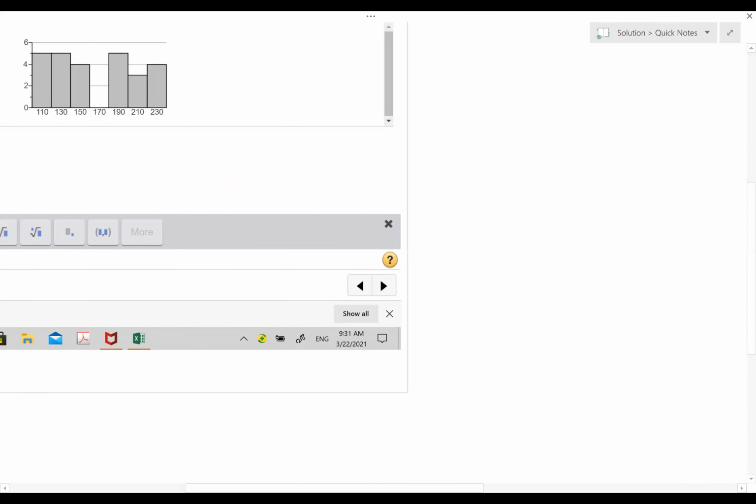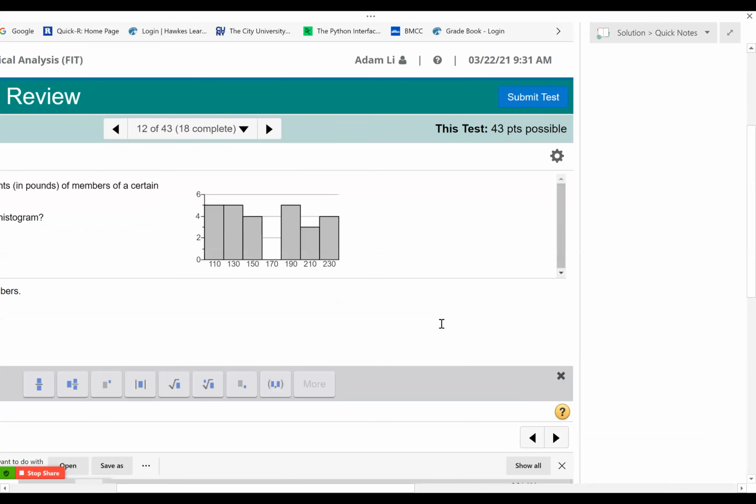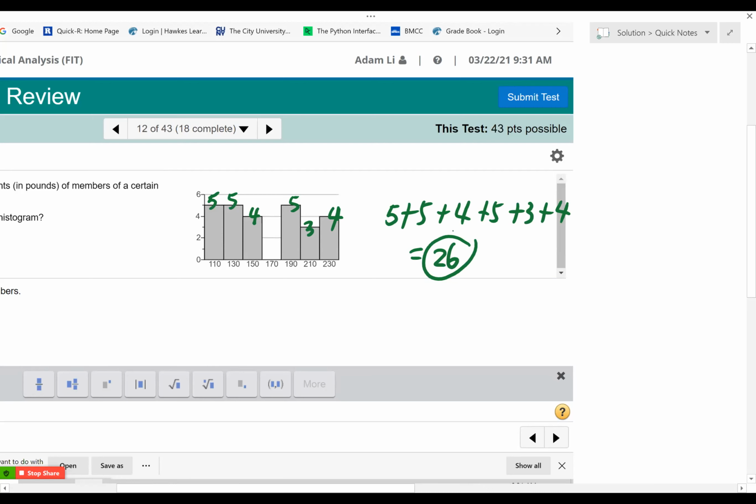So basically, you just mark the frequencies on top of each rectangle. So this should be 5. That's 5. That's 4, and that's 5 again. That's 3, and the last one is 4. Okay. Now, once you mark all these frequencies on top of each rectangle, you just add them. 5 plus 5, adding 4, adding 5, adding 3, adding 4. Right, that turned out to be 26. That's why the total frequency is 26.